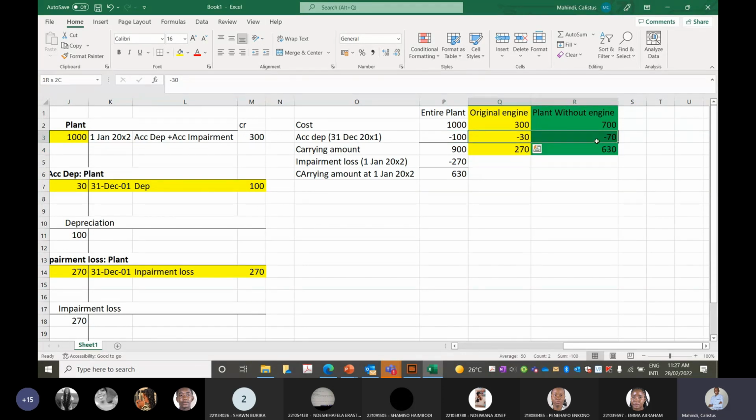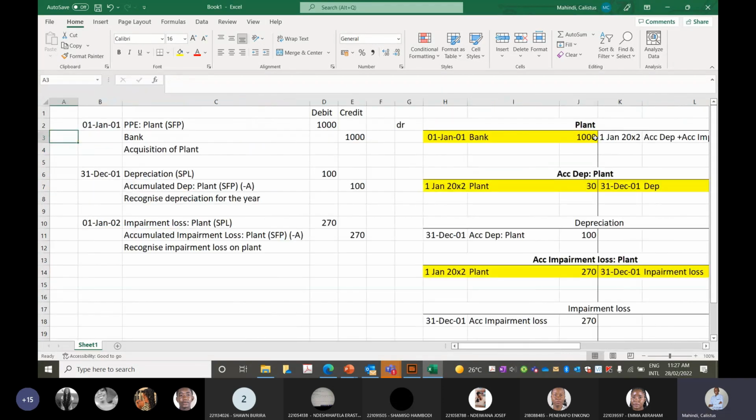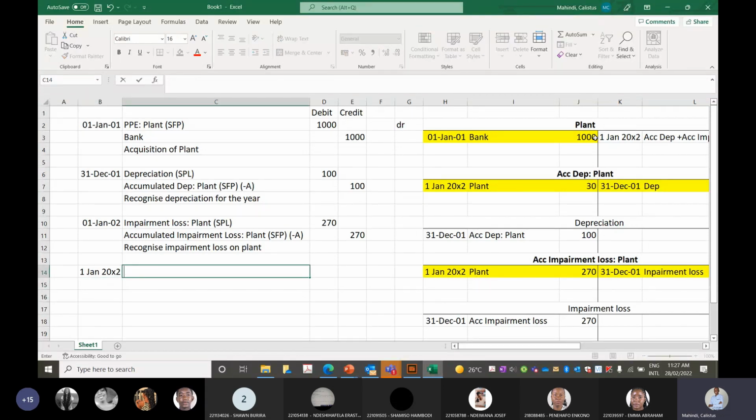So let me just prepare the journals. Okay, time is almost up. So on 1st of January 20x2, to remove the old engine, we debited the accumulated depreciation of the plant, that was $30.